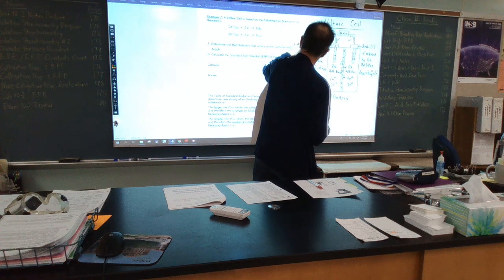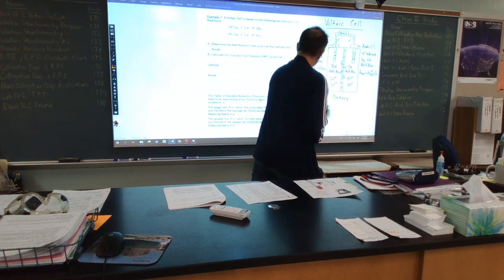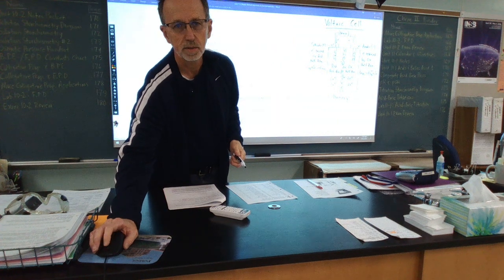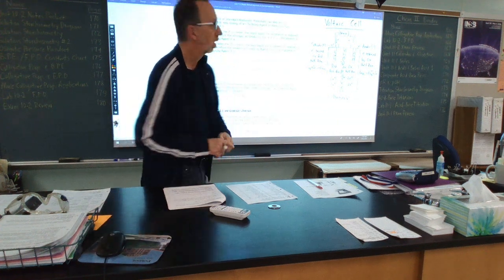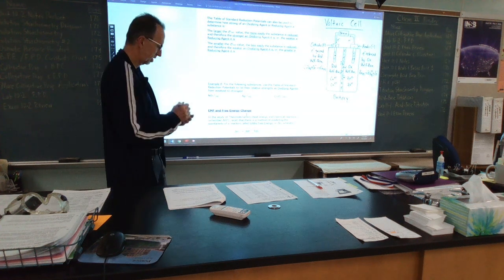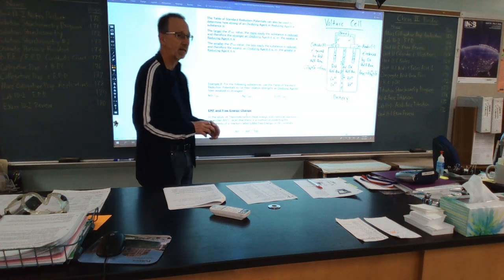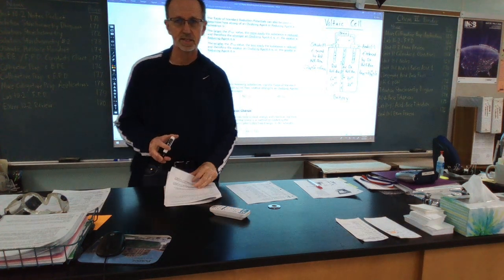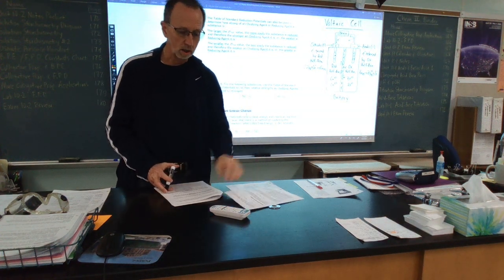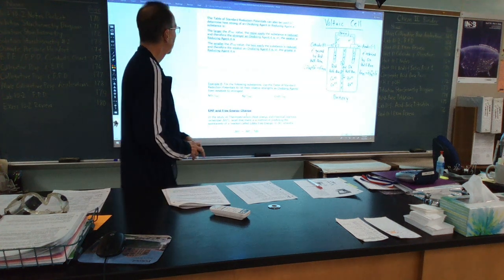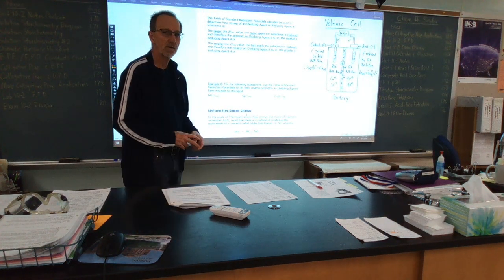This is the last thing we're going to do today with this lesson. The table of standard reduction potentials can also be used to determine how strong of an oxidizing agent a substance is, or how strong of a reducing agent it is. So here's what you've got to remember.